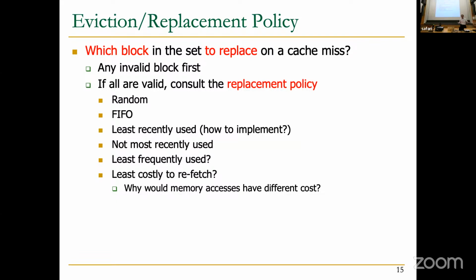This is important because if you miss in the cache and you are going to evict a block, and it's very costly to refetch because it's coming from very far away, let's say remote memory, this is a lot more expensive than a block that's easy to refetch. So different cache blocks have different costs in terms of latency to refetch, and this should be taken into account in the cache management.